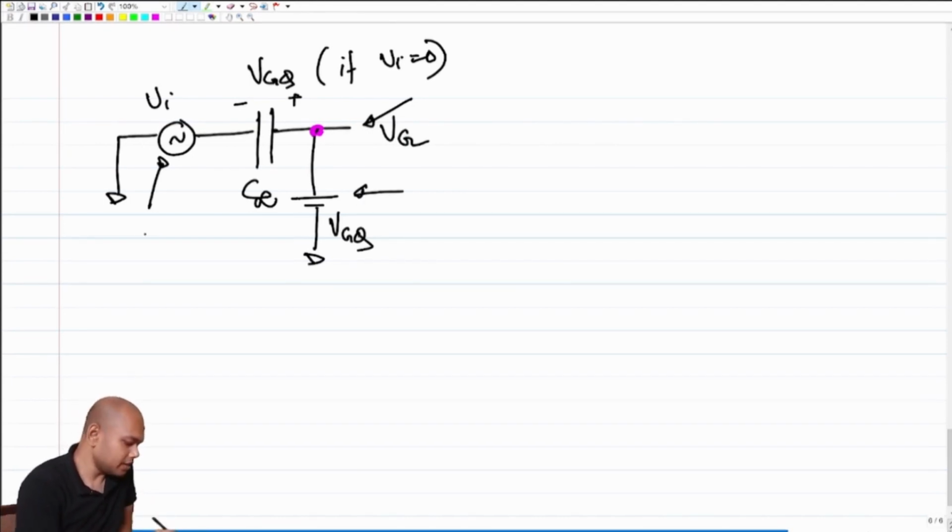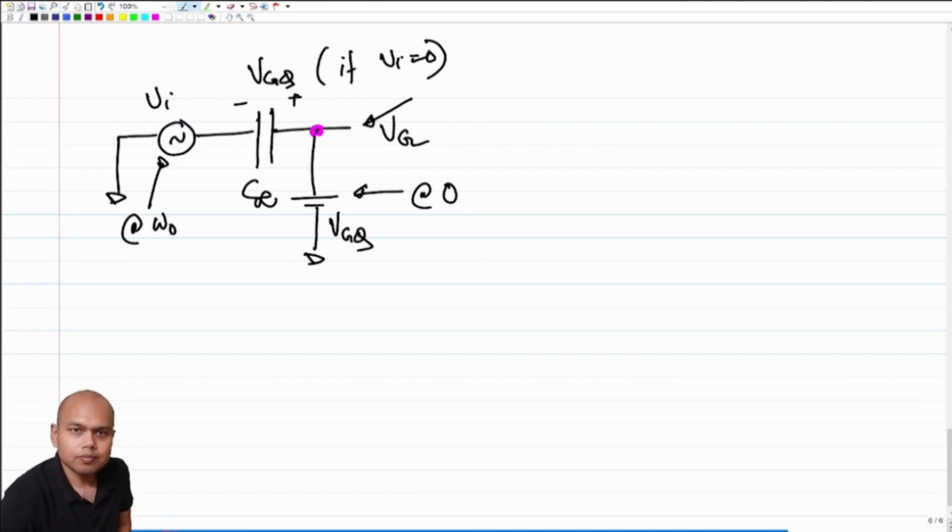Vi is getting applied at frequency omega naught. However, the battery VGQ is at a frequency 0, right?